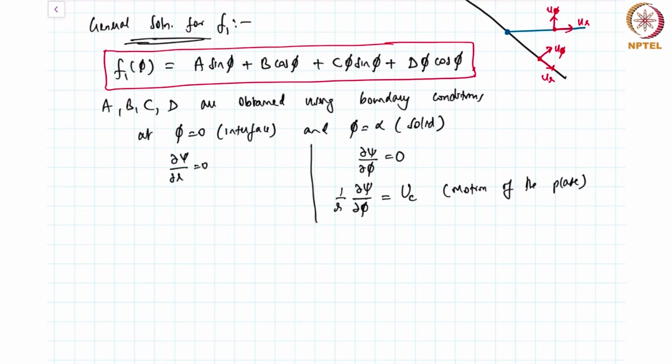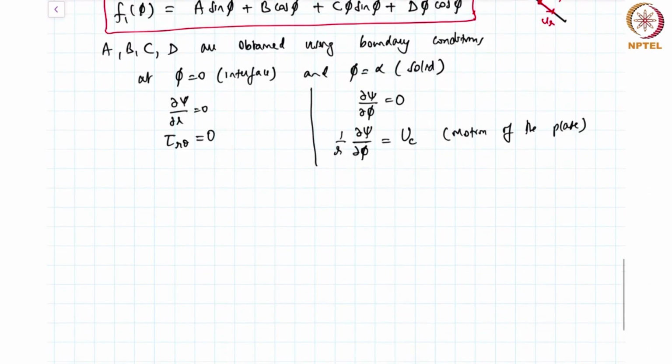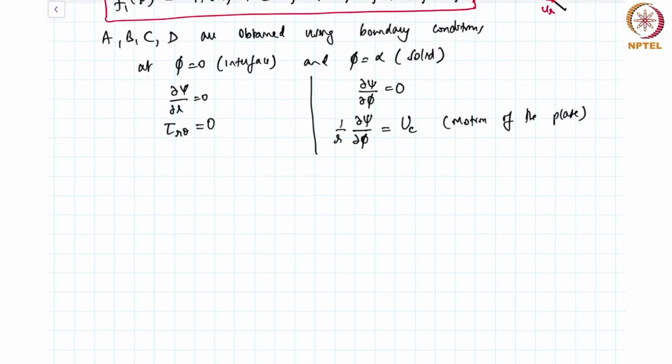And you also will have another condition, which is that the stress tau r theta is also 0 at the interface, which you have to write in terms of the velocity. So this will involve derivatives of the velocity, therefore second derivatives of the stream function. I will not go into details, but you can write down the conditions, and these are fairly straightforward standard conditions that we have done several times in the course.